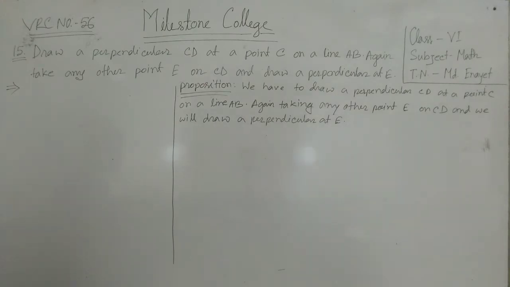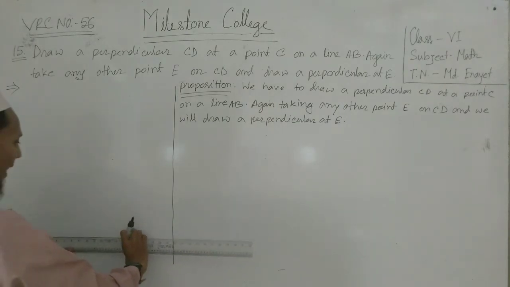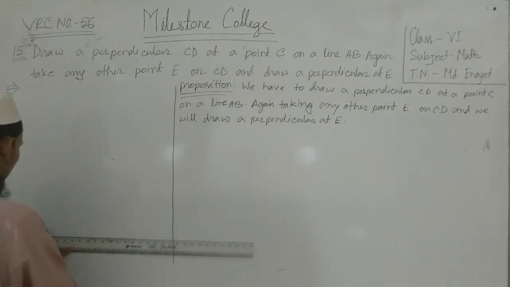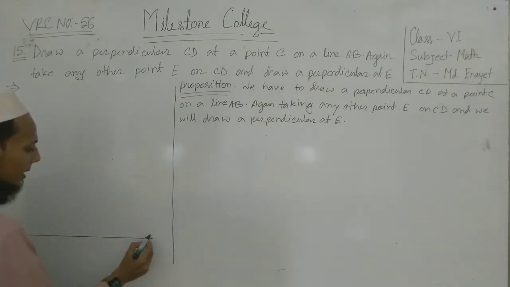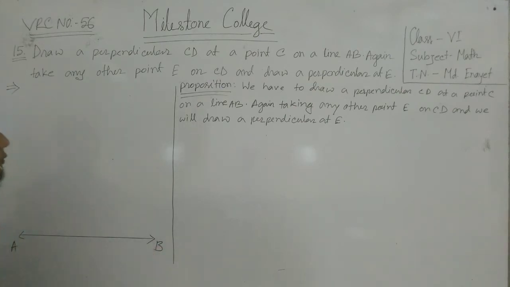So, my dear students, on the left side we will draw the figure. At first, I will draw a line. I am taking a line using a ruler. So, here is the line AB and we have to take a point C on it at first.